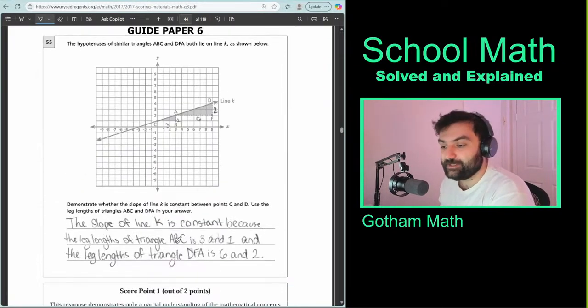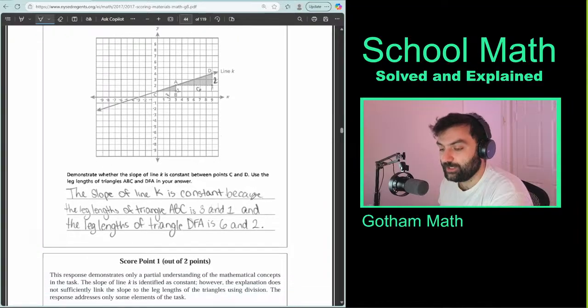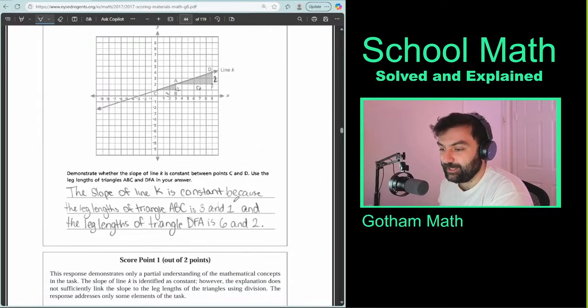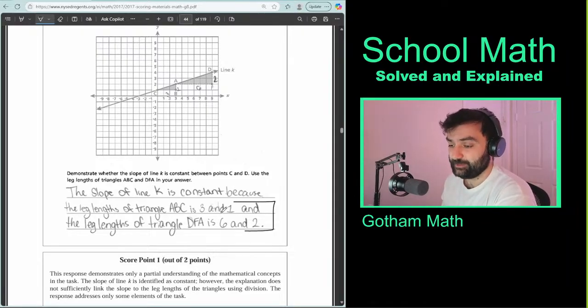Slope of line K is constant because the leg length of triangle ABC is 3 and 1, and the leg length of triangle DFA is 6 and 2. And how, like you see, there's no conclusion. How is it connected? It's not connected.